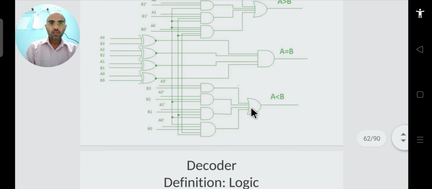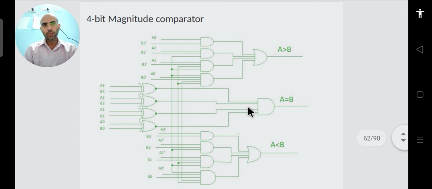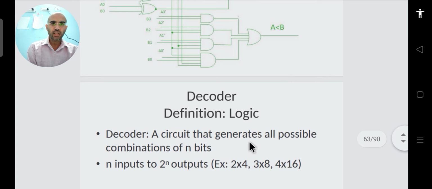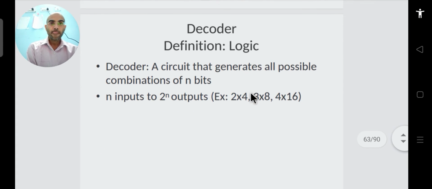Okay, so this was all about the magnitude comparators. We have completed all our magnitude comparators. Now let us move on to another standard circuit, which is the decoder.